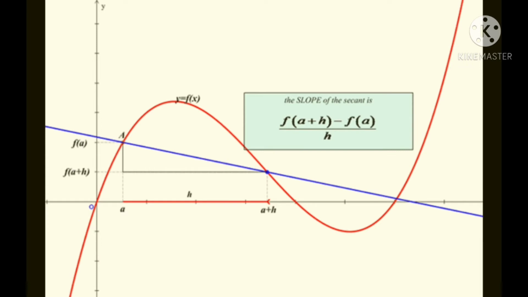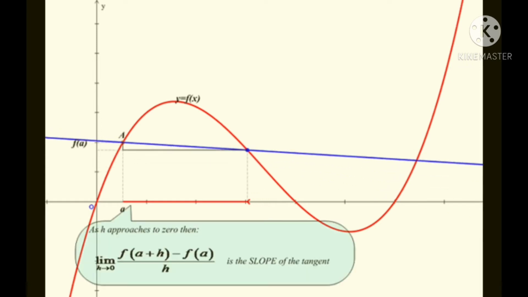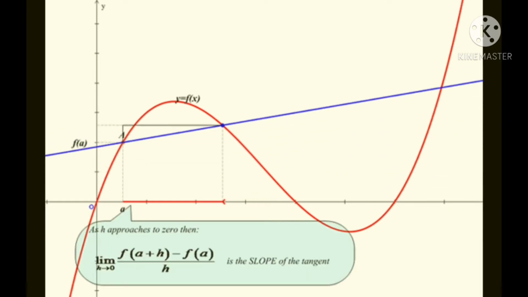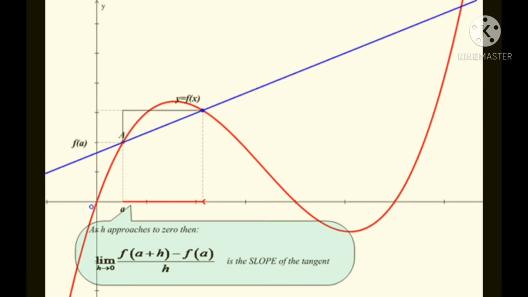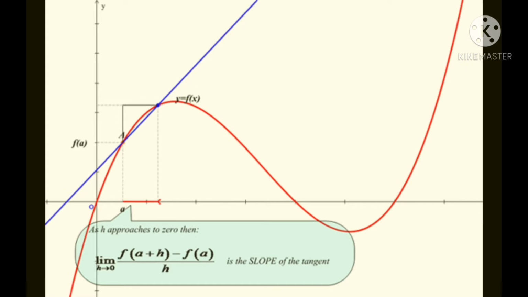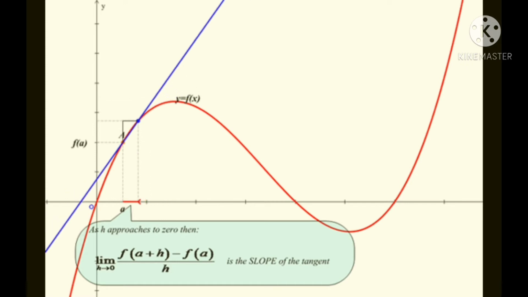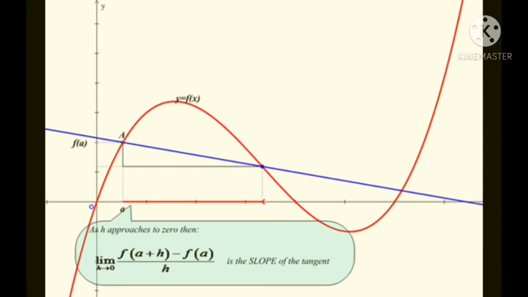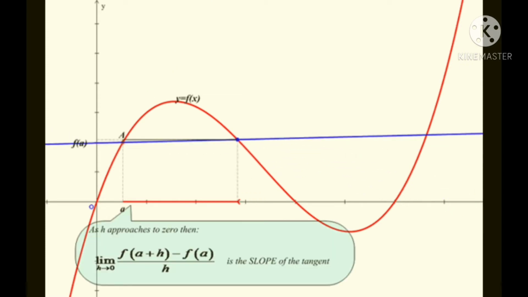a plus h, at that position you can see a plus h which is decreased. So this chord is moving. When this chord is moving, at one point it becomes a tangent. Chord becomes a tangent, and for that time I want to take limit.